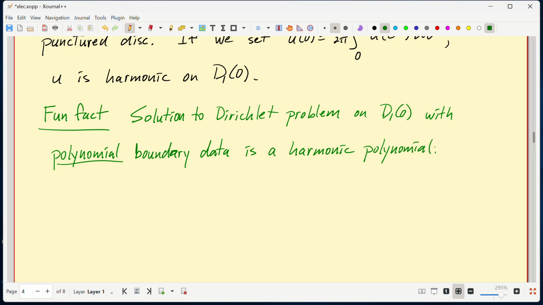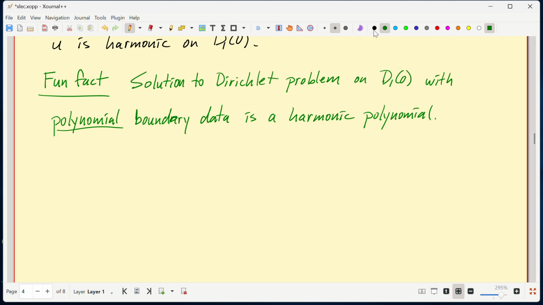Kind of an interesting, fun fact. Let's see, what's the proof? The proof is easy.